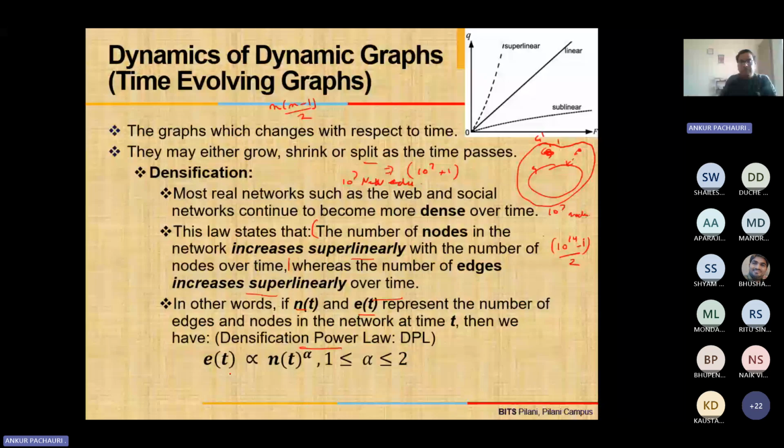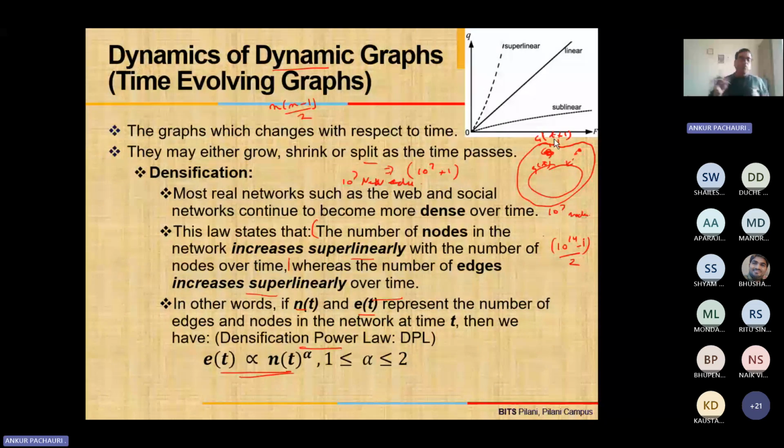That means the number of new edges will be far greater than the number of new nodes if I am dealing with a dynamic graph. So this is G at time t, and this is G at time t plus 1, the next instance of time.